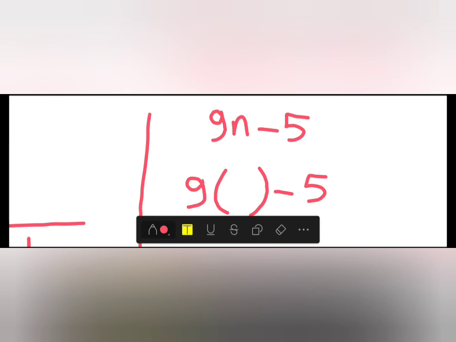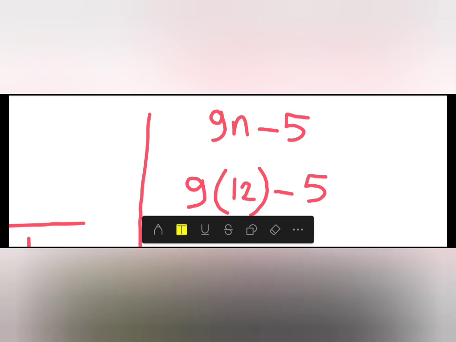9 times 12 equals 108. When I go down, 9 times 11, it's going to be 99. So 11 doesn't work, so 12 works because it's 108. So I'm going to put 12 here.